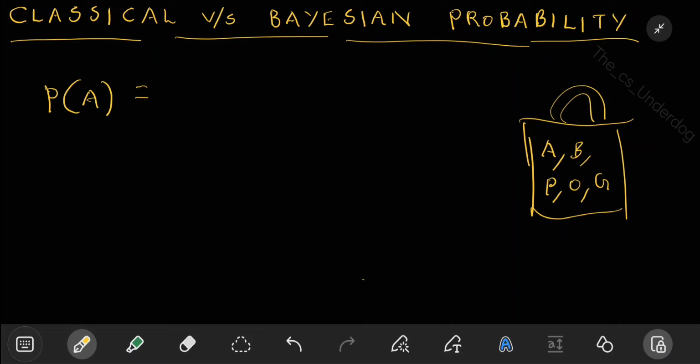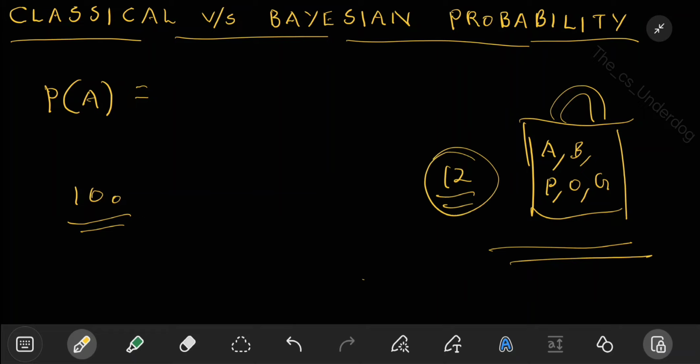In classical approach, how will you find it? This is what we learned in the very beginning of our probability lectures. If you want to find the probability of finding an apple, first thing you do, you repeat this experiment a lot of times. Let's say you repeated it 100 times. When you repeated it 100 times, let's say 12 times when you picked a fruit, apple came out. From this bag, apple came out, which means your probability of picking an apple is 12 divided by 100.